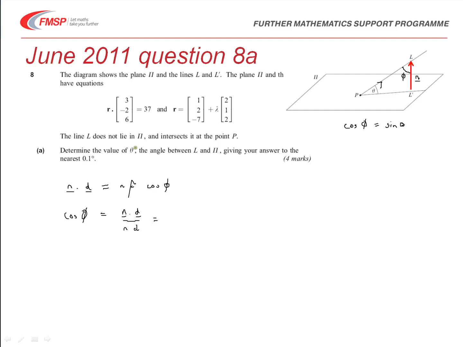Okay, so we need those various things. So we need to work out the length of n. So that is going to be the square root of 3 squared, negative 2 squared, and 6 squared, which is going to give us 9, and 4 is 13, and 36 makes 49.